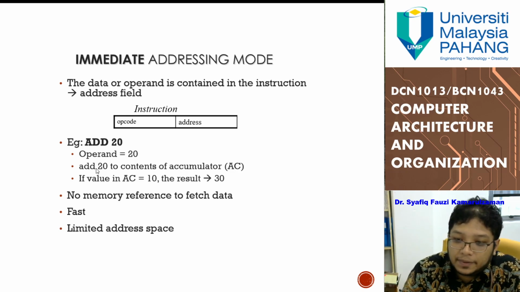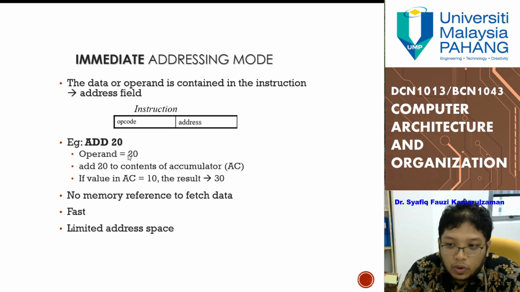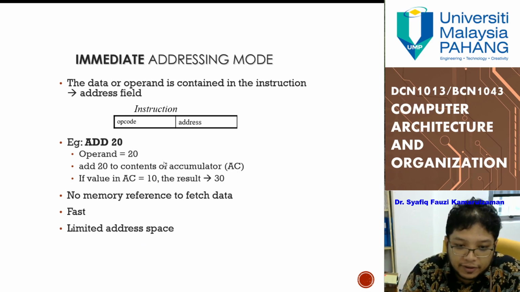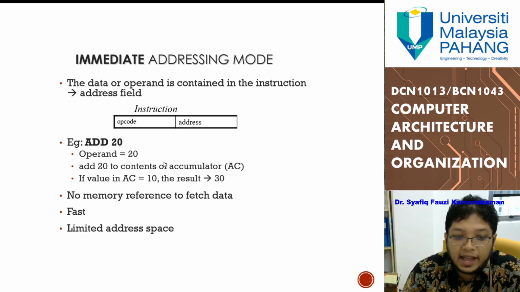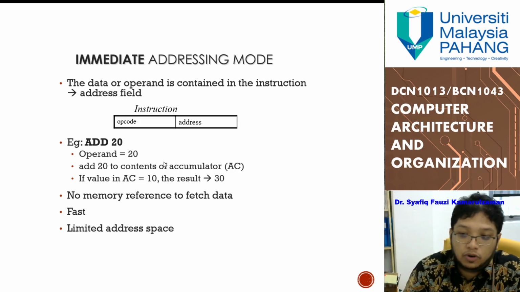This represents adding the value of 20 to the accumulator. If the accumulator already has a value of 10, the 20 will be added to the 10 and the result will be 30. There is no memory reference to fetch the data. This is fast and it will not interfere with any address space or memory space inside your CPU or memory itself.